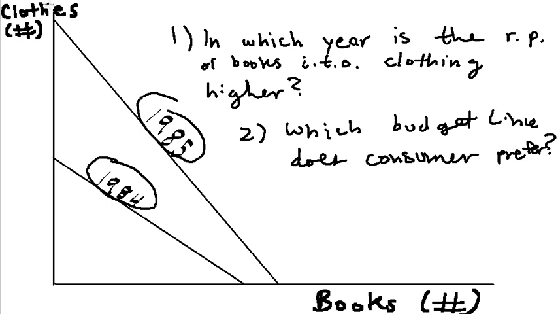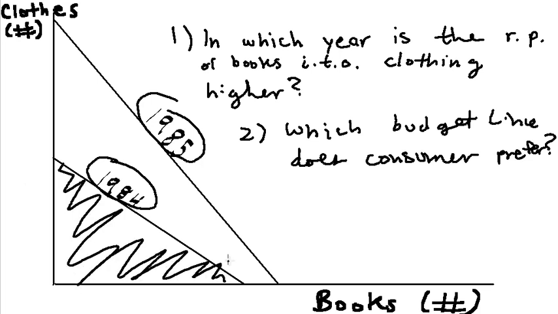To answer the second question, just put yourselves in the shoes of a consumer. So, while the relative price of books in terms of clothing is higher in 1985 than in 1984, everything that is possible in 1984 is also possible in 1985.